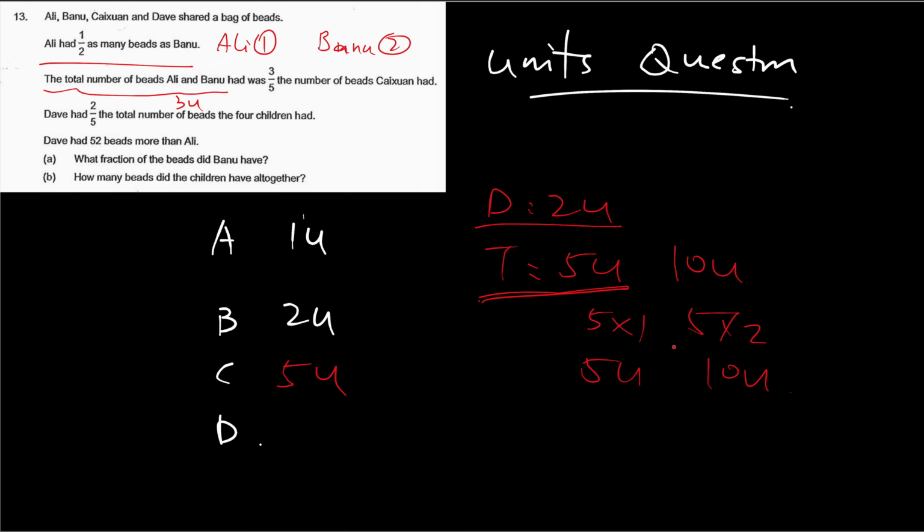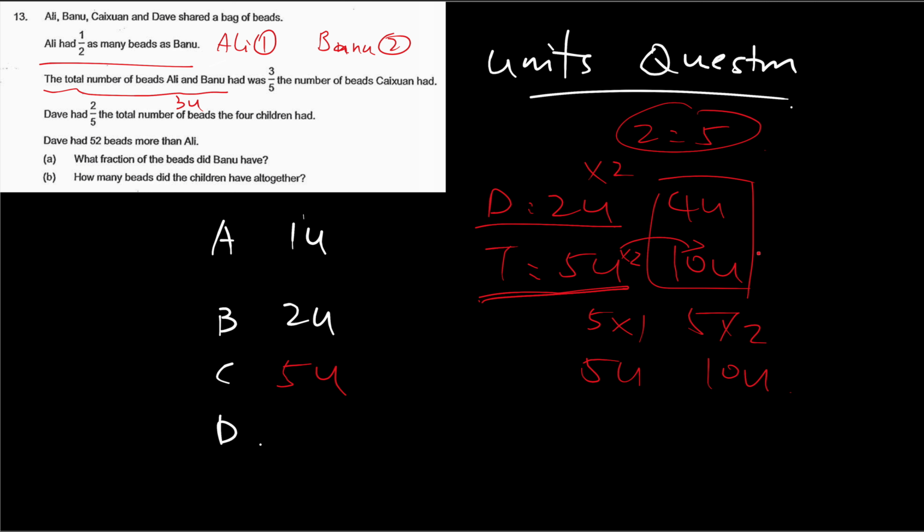If this is 10U, your total is times 2, so this 2 you also must times 2 to get 4U, to maintain the 2 to 5 ratio.